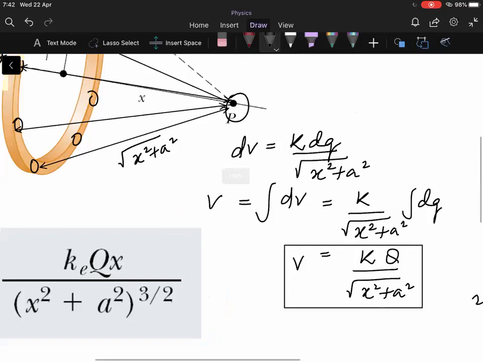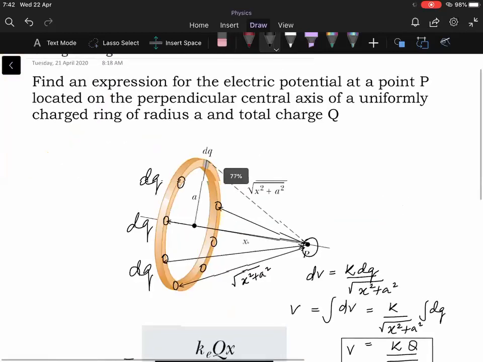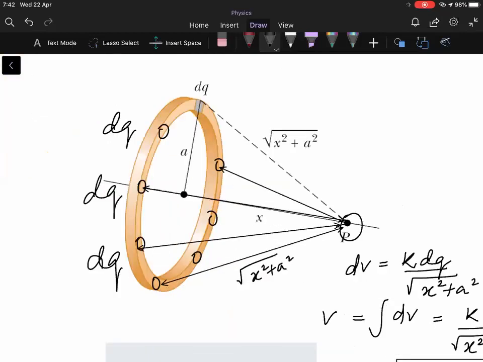Okay, so I'll just repeat that you took the elements on the periphery, dq elements. Every element is at the same distance from point P because that point P is on the vertex of the cone. And what is the base of the cone? This ring.